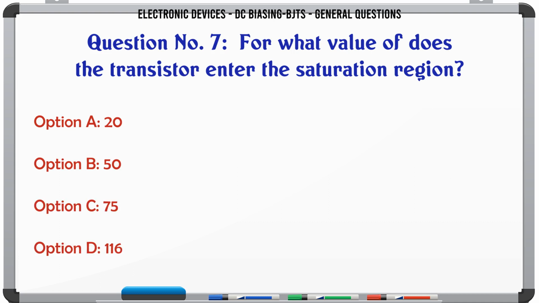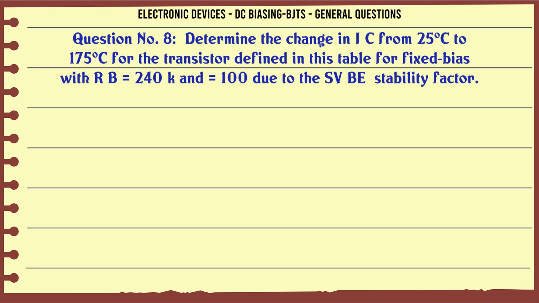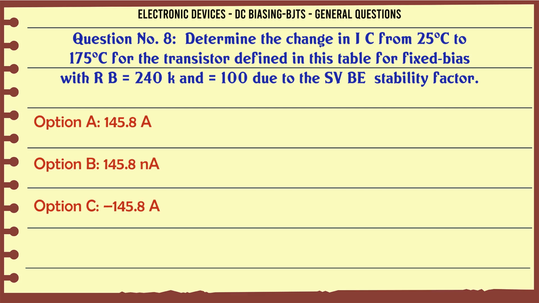For what value of beta does the transistor enter the saturation region? A 20, B 50, C 75, D 116. The correct answer is 116. Determine the change in IC from 25C to 175C for the transistor defined in this table for fixed bias with RB 240K and beta 100 due to the SVB stability factor.